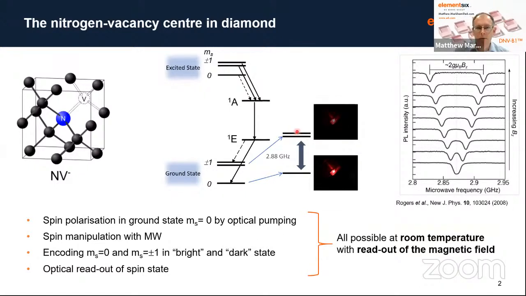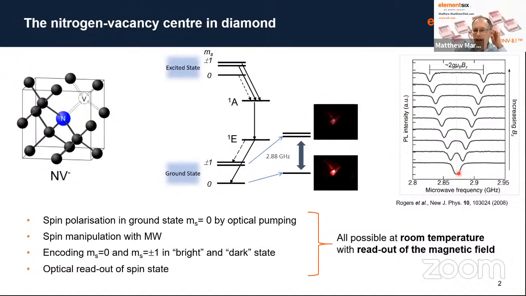Then obviously these levels, the ms plus minus 1 states, are affected by Zeeman splitting. You can see that in this plot here, where you apply a microwave field. Once you hit resonance, you get this dip, which is associated with meeting this energy gap criteria and dropping into the ms plus minus 1 state, having a lower fluorescence.